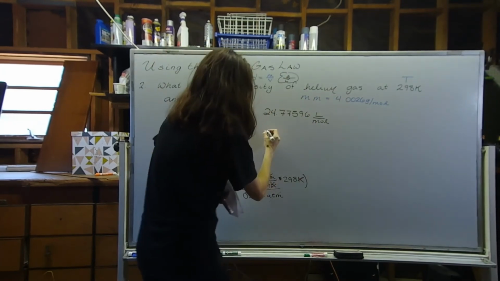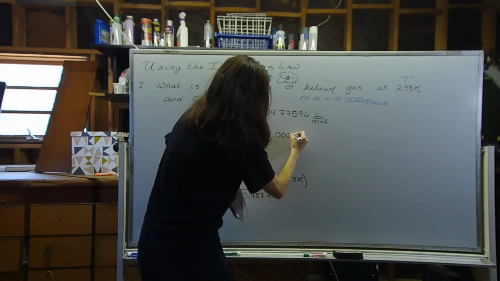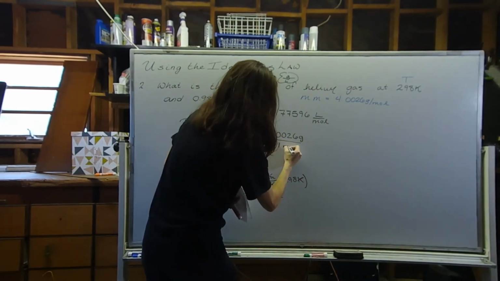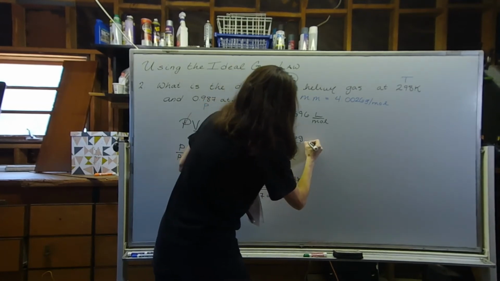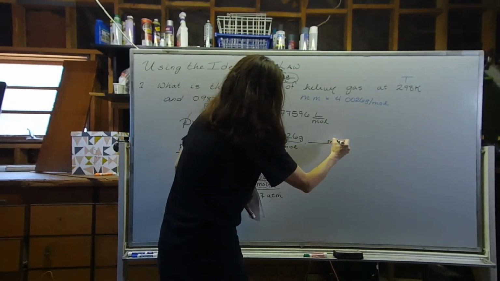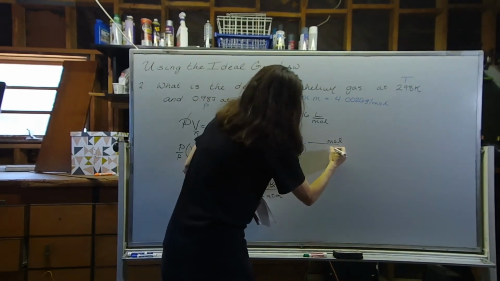I'm going to start with my molar mass, 4.0026 grams per 1 mole. And then I need to get rid of moles. So I'll have moles up top so it cancels. And I need liters in the bottom.